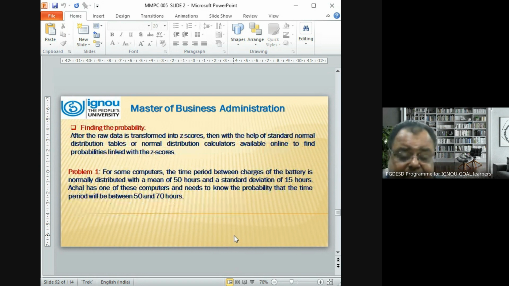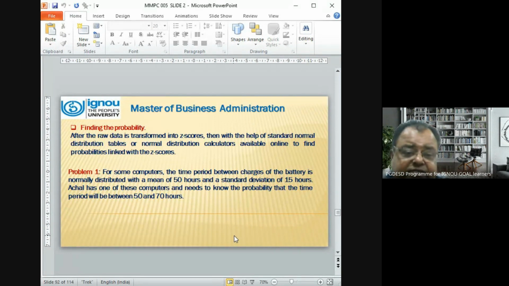Finding the probability after the raw data is transformed into z-scores, then with the help of standard normal distribution tables, we calculate it. Now see the problem. For some computers, the time period between charges of the battery is normally distributed with mean of 50 hours and standard deviation of 15 hours.